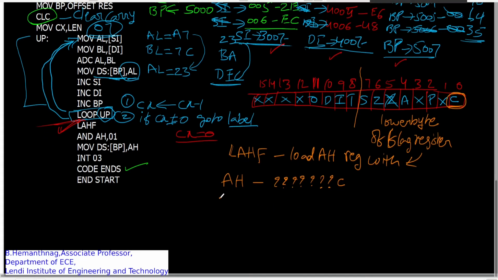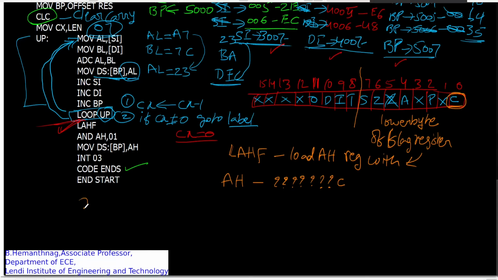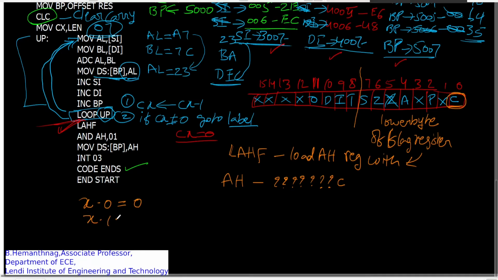This can be done by an AND operation with 0 and 1. We have the Boolean relation: x AND with 0 always leads to 0, x AND with 1 always leads to x. I want to preserve C, so I will AND this bit with 1, and I want to eliminate all the other bits, so I will AND these bits with 0.